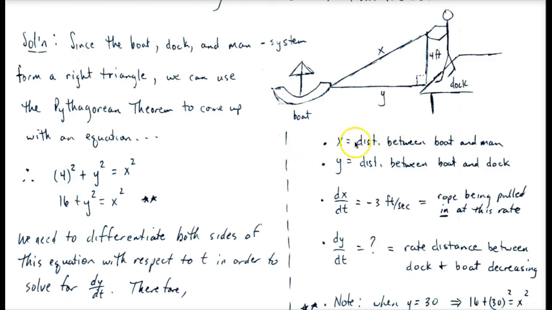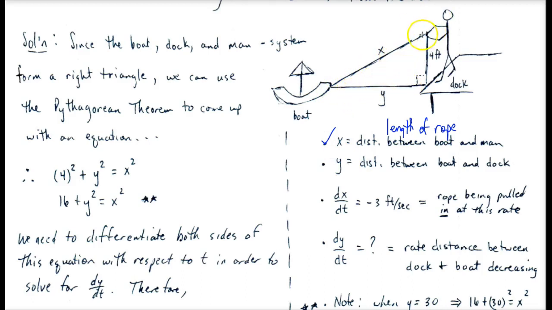To make sure we're very clear on what is what, we say that x is the distance between the boat and the man, and y is the distance between the boat and the dock. Put another way, x is going to be the length of the rope as it changes, and y again is the distance between the boat and the dock.